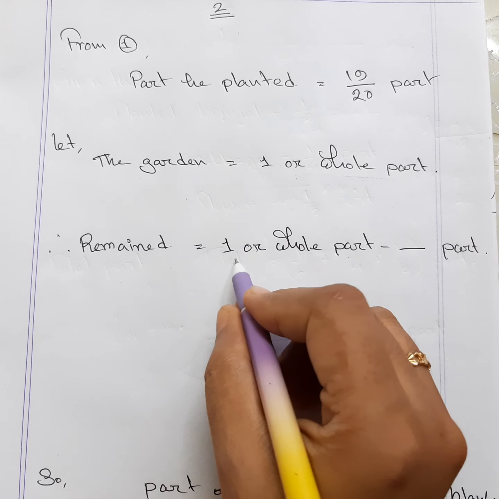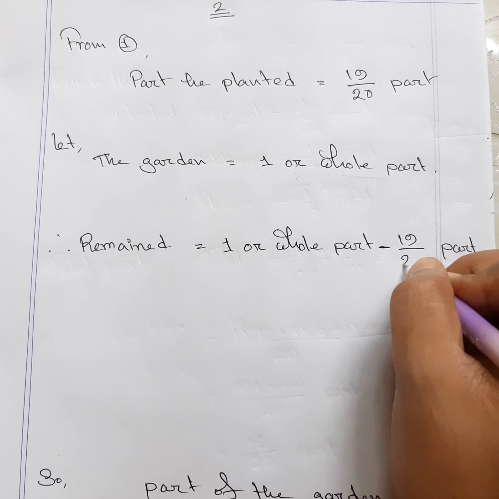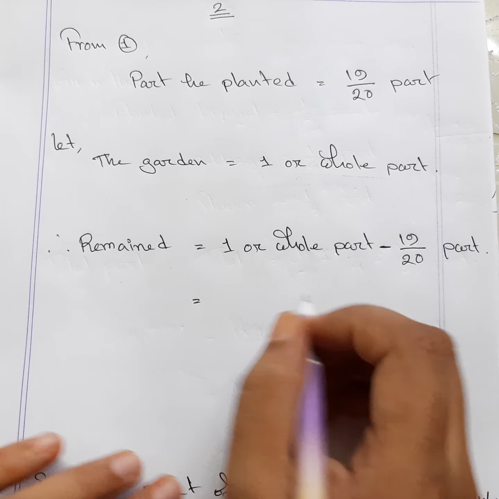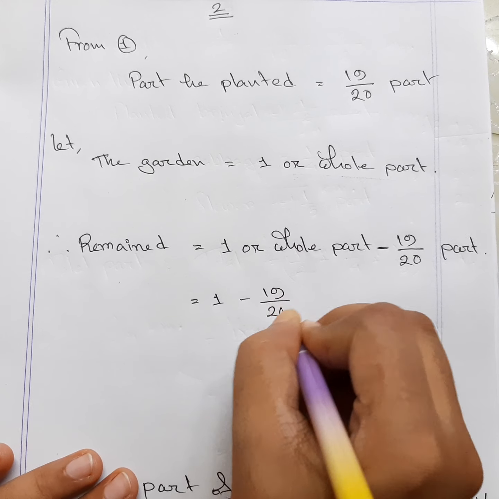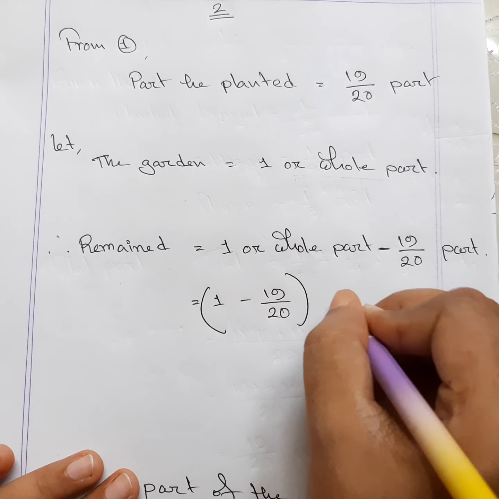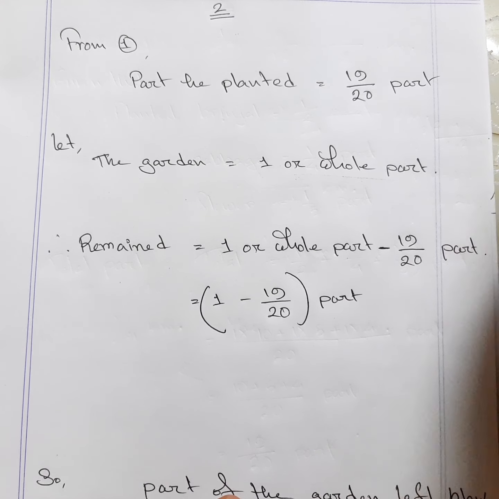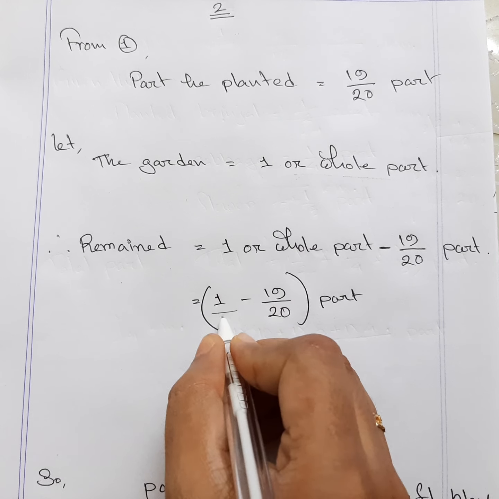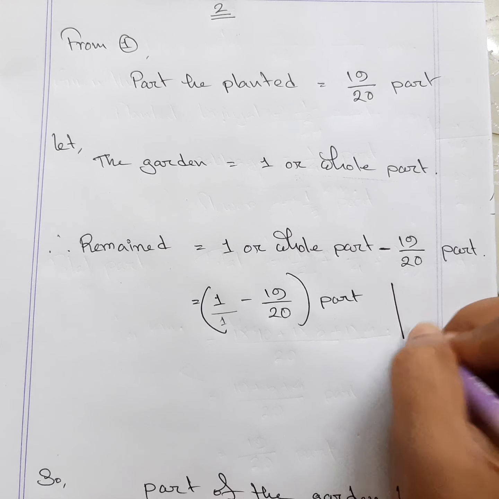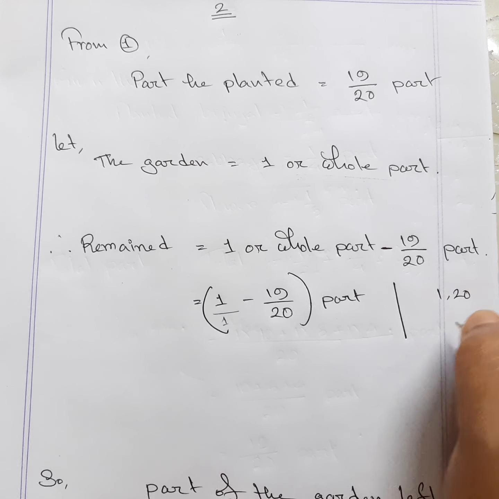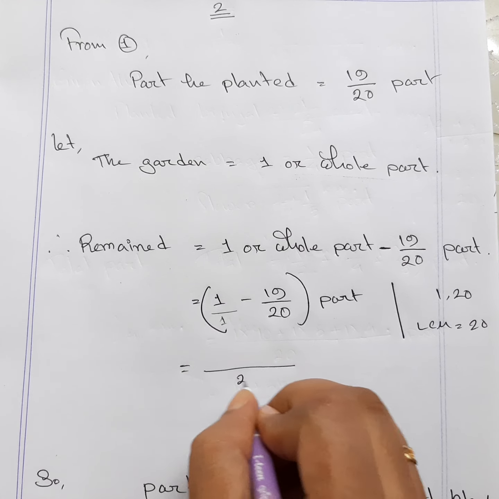So we are subtracting 19 part out of 20 part from one whole part: 1 minus 19/20. As I already told you, we are supposed to put 1 as a denominator. So the LCM of 1 and 20 is 20, right? So write it like this, 20.